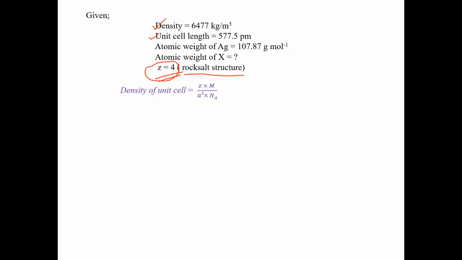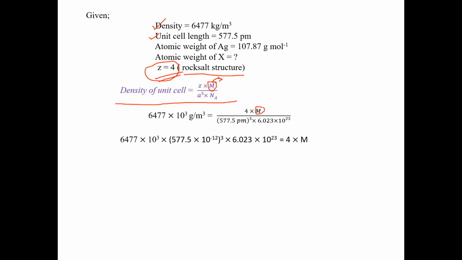So we have previously derived the equation for density of unit cell, which is equal to Z into M divided by a cube into Na. From these given quantities, we know that we have to find the value for M. So substituting the value for density, Z, a cube and Avogadro number, we need to calculate the value for M. So rearranging the equation, we get 6477 into 10 raised to 3.